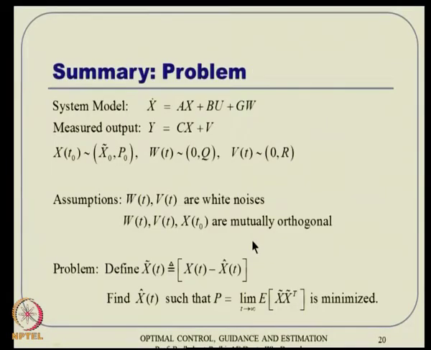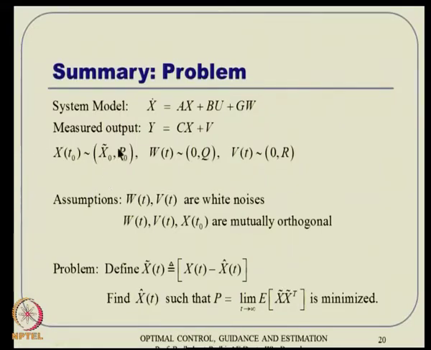So, the summary is something like this. You have the system model, which is x dot equals Ax plus Bu plus Gw, and we have a measured output, which is y equals Cx plus v, and you have the initial condition, the process noise, and the sensor noise. These are characterized by their mean values and covariance matrices.